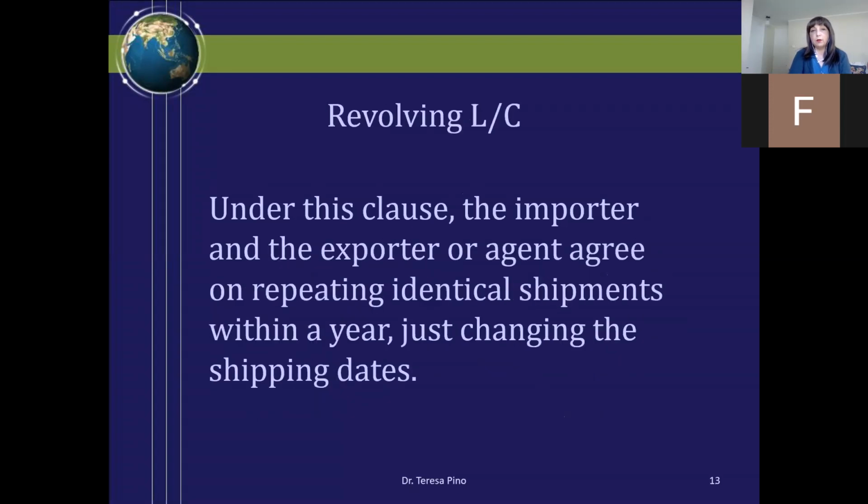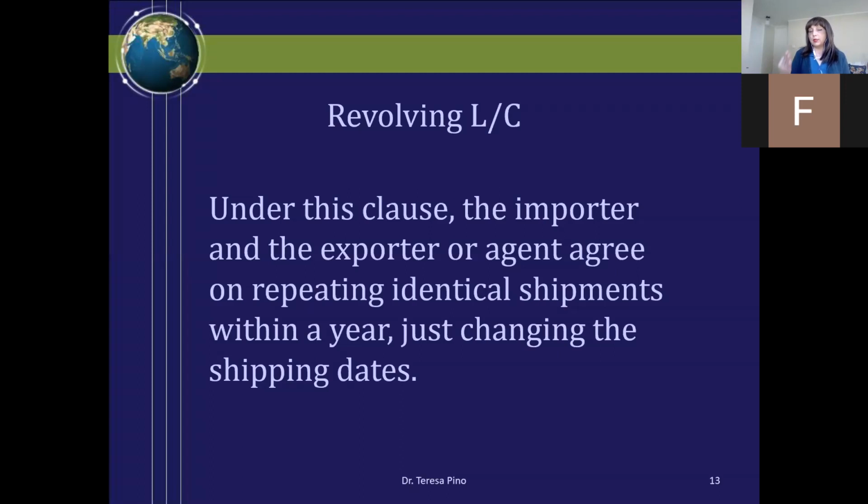And then we have the revolving letter of credit. Revolving means that you deal for multiple shipments at the same time. Let's say that you're importing mangoes and you say, I want 3 shipments of mangoes. So those are identical shipments: 3 containers, let's suppose. 1 container this month, the other container in 2 months, the other container in 4 months.